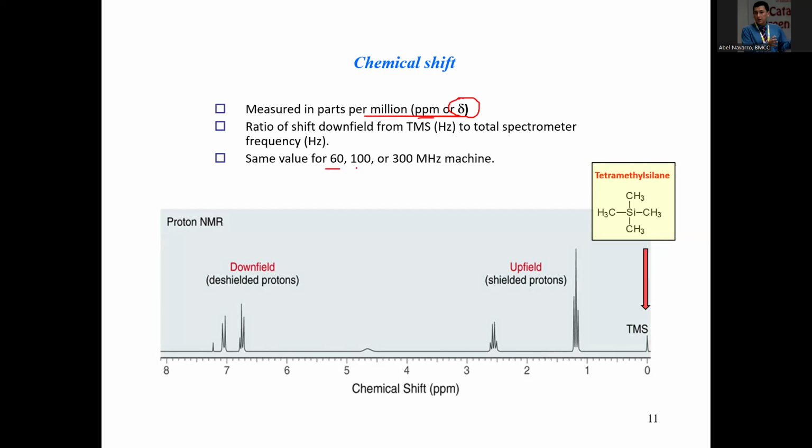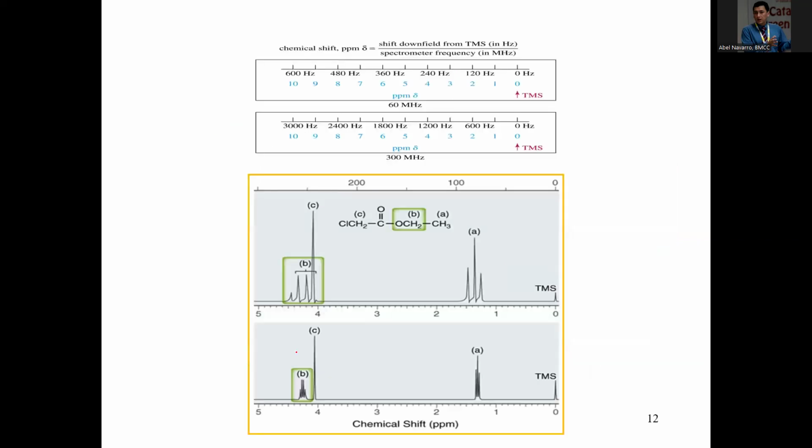Here you have different fields: 60 megahertz, 100 and 300 megahertz. The difference in power is really about the resolution. For example, here you see that quartet, or that splitting, is really well separated. The bottom one is with 300 megahertz, and this one is with 60 megahertz. The resolution of your machine gives you a better splitting.